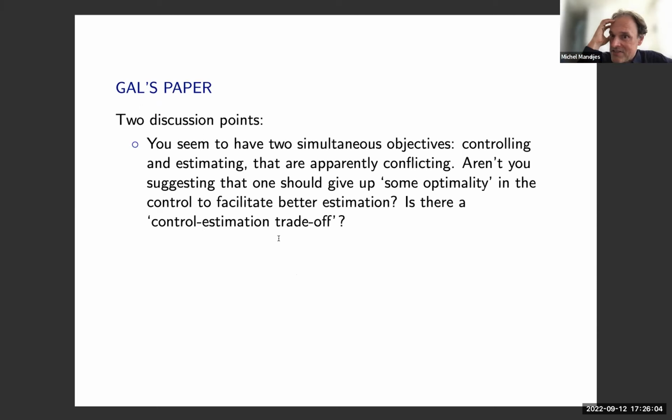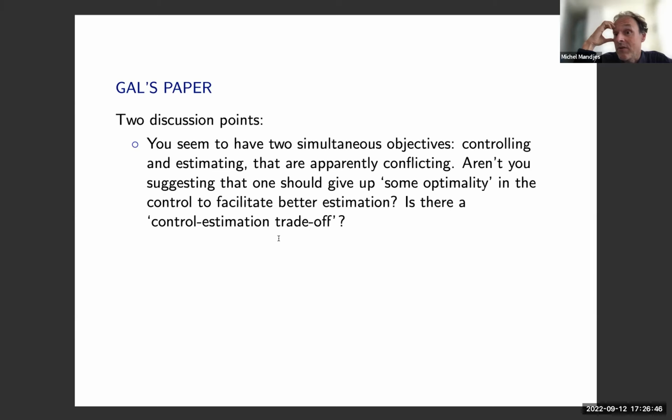I already discussed a bit with Gal a few weeks ago, and a few themes came up. One of the things that I raised, and I think Gal mentioned it during his talk, is that perhaps there is a trade-off between estimation and identifiability, or detectability, if you wish. It seems that in this story there are two conflicting objectives. There is a controlled system, so one objective is to control the system, but the other objective is to estimate or detect. And apparently that combination is tricky.